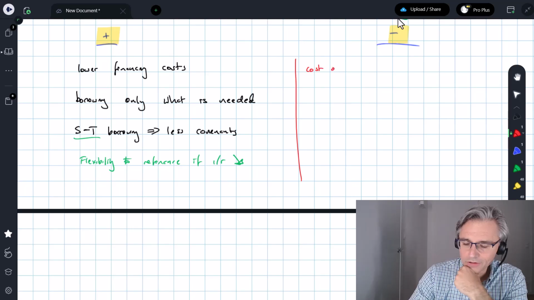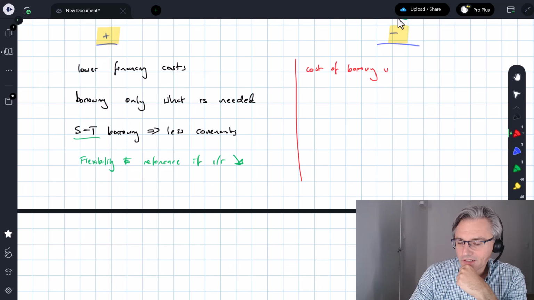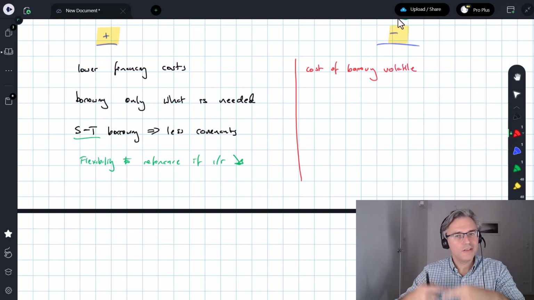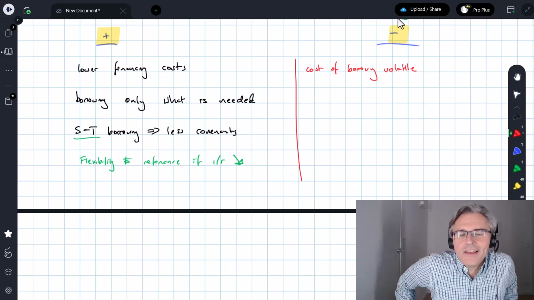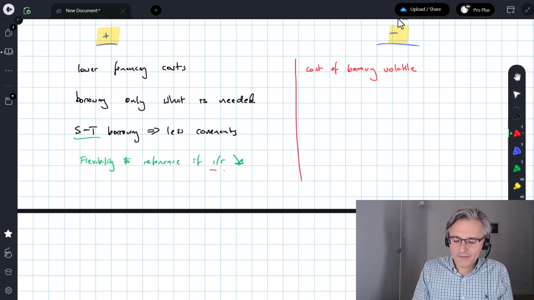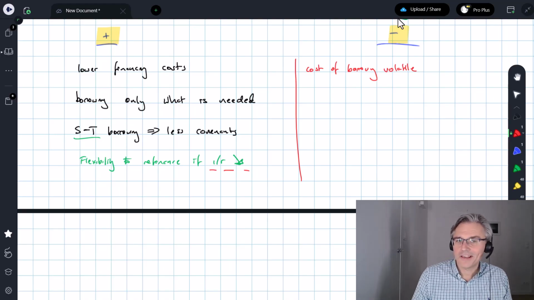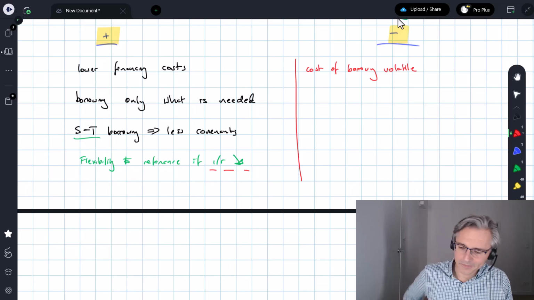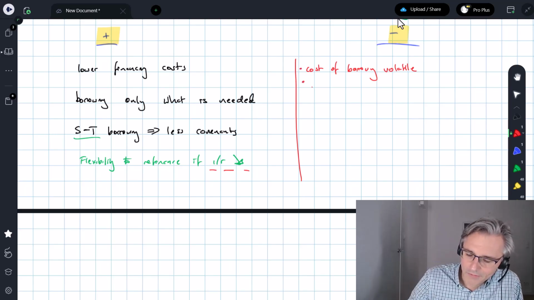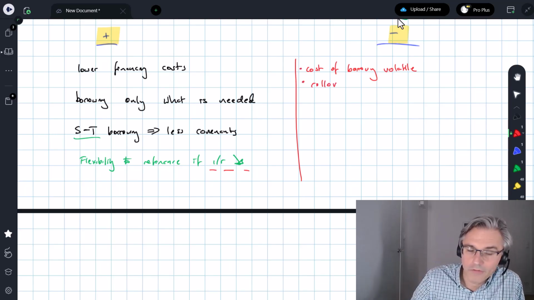The cost of borrowing here is volatile because we're constantly forced to refinance at new rates. And whilst on the one hand that gives us the flexibility to refinance if interest rates drop, who says interest rates have to drop? They may just as well go up. We face the risk of rolling over, so rollover risk.